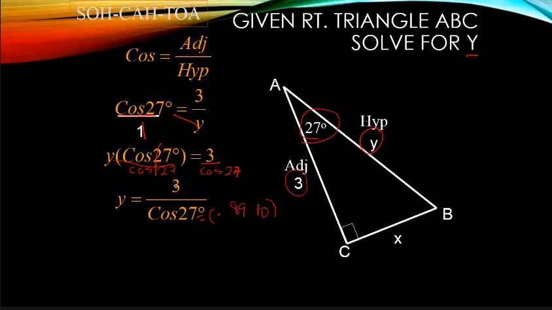You can just say 3 divided by cosine 27, enter, and you get 3.36. When you round, it rounds to 70 instead of 69. It's 3.3697.